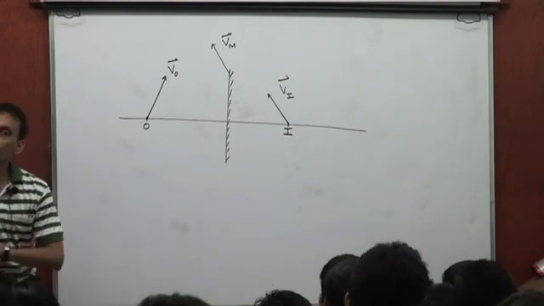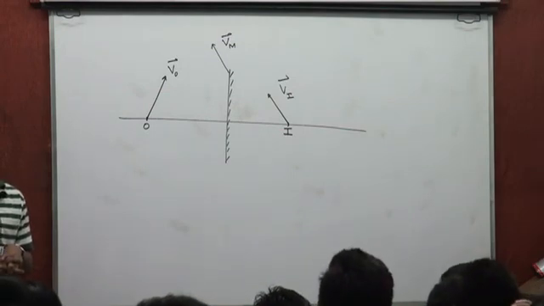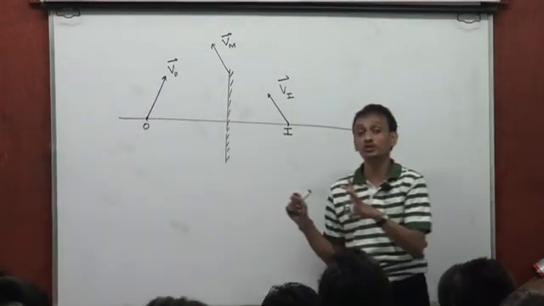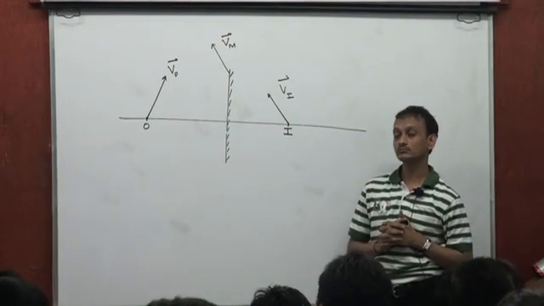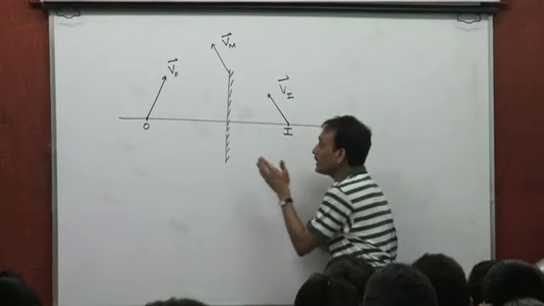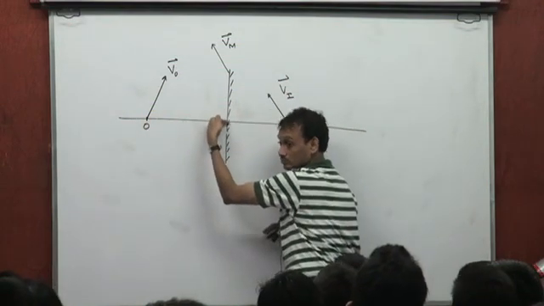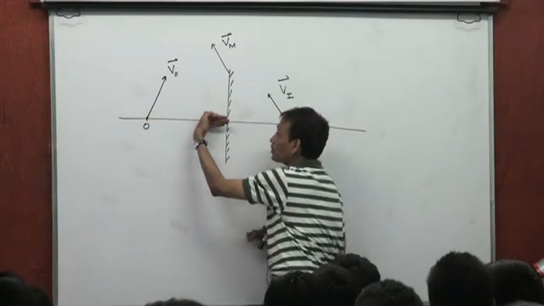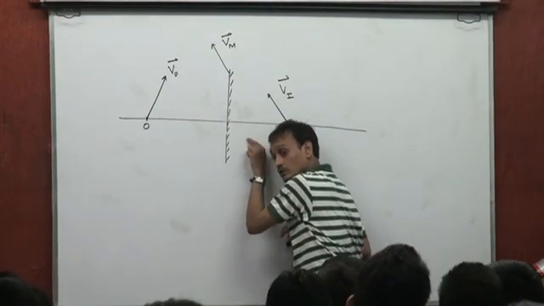Now, the important consideration here is that if you are an observer sitting on the mirror, then in a certain time, if you find that the object has advanced towards the mirror along the normal, then the image would have advanced towards the mirror in the opposite direction along this line.